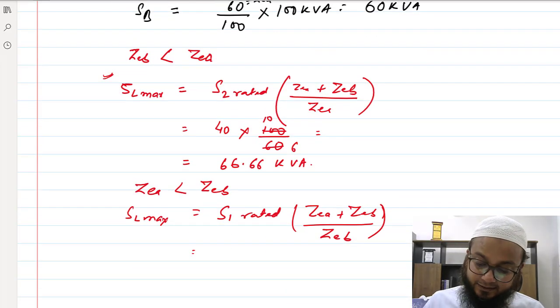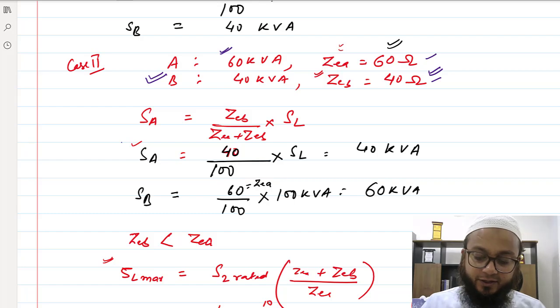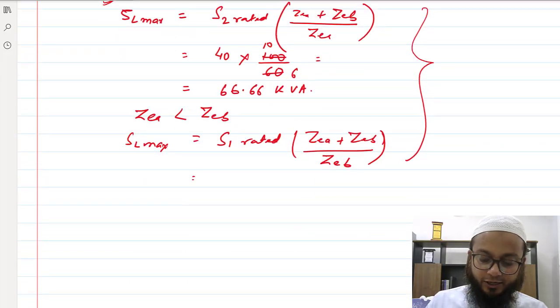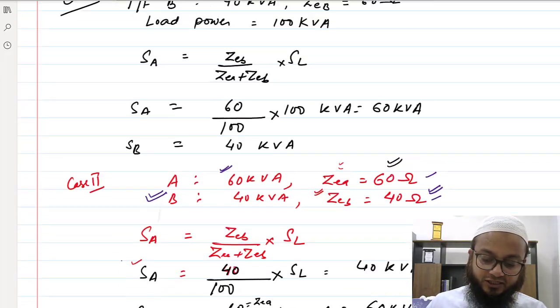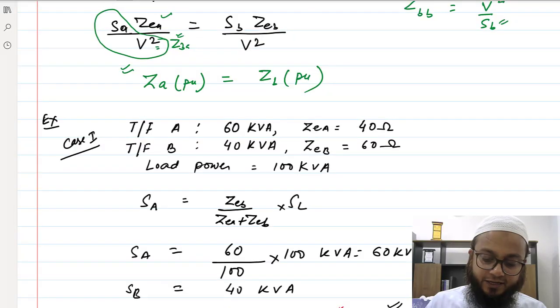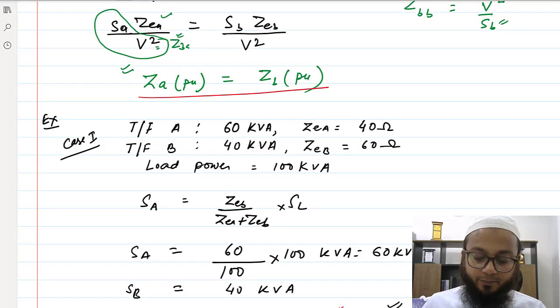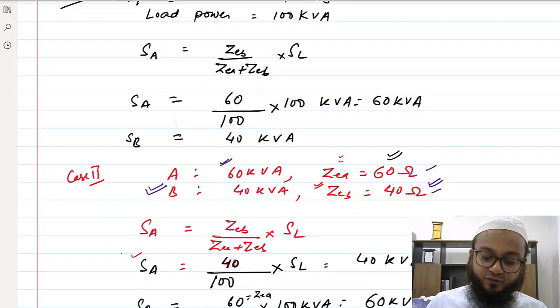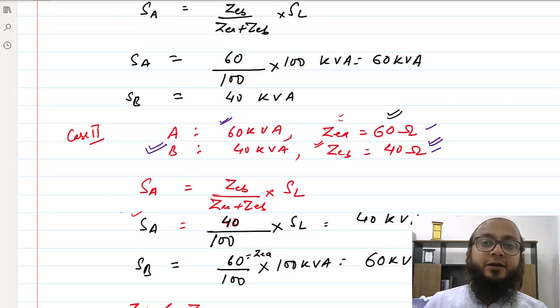This is the condition when these two transformers do not have the ratio of the kVA rating as the inverse of the ratio of their leakage impedance. Or in other terms, if these two transformers do not have the same per unit leakage impedances, then in that case we have to see which transformer will get loaded first. Okay.